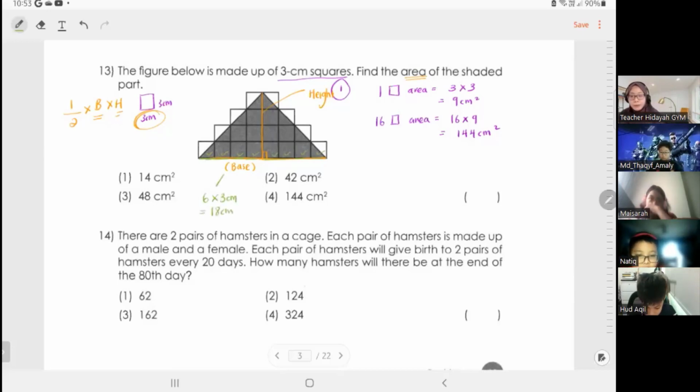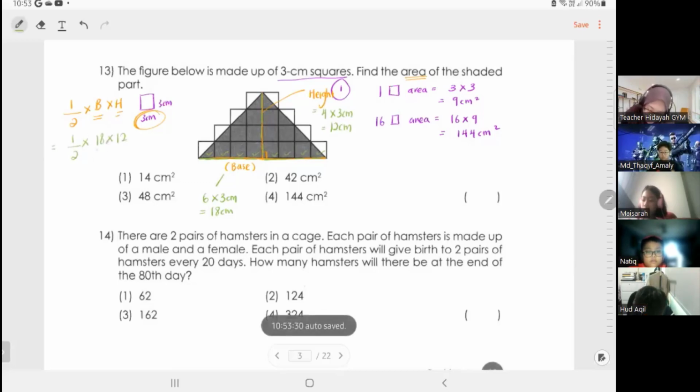Get it? Okay, now the height, there is 1, 2, 3, 4. So height is 4 times 3 cm. That will give me 12 cm. So if I want to put it into my formula, half times base times height, I can simplify, and the answer will be 144.